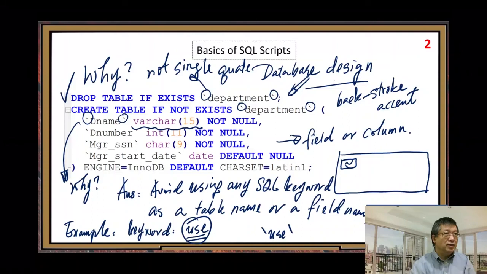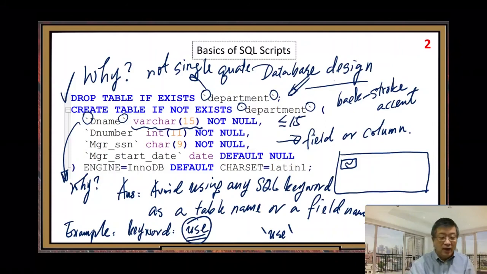VAR means variable length. Length can change, but you also see 15 inside the parentheses. That means up to 15 characters. So for the field D name, you can use at most 15 characters, less than or equal to 15.